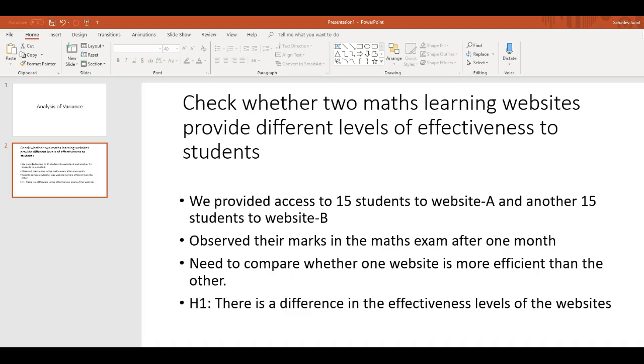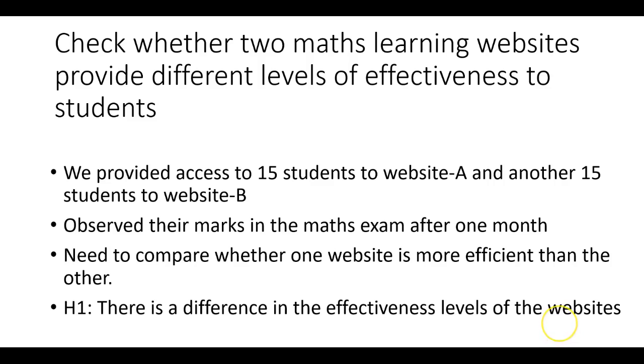We provide access to 15 students to website A and another 15 students to website B. These students access the websites and learn from the material and content. After 1 month, we test both groups of students using the same maths exam paper.